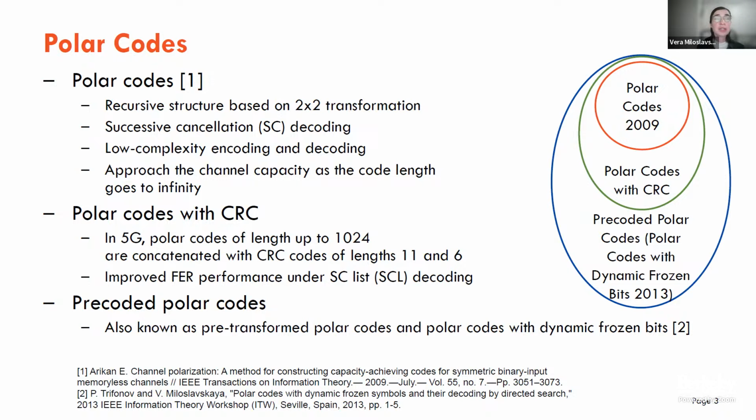Future networks, that is, beyond 5G networks, 6G networks, require more powerful codes. Promising candidates can be found among precoded polar codes. The class of precoded polar codes generalizes the original polar codes and polar codes with CRC.